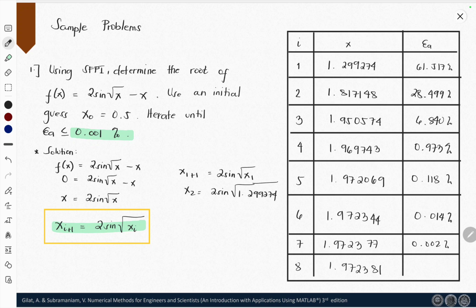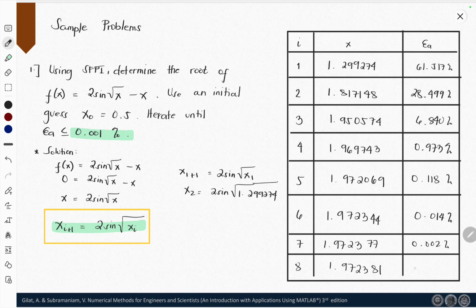Next, for the eighth iteration, we have 1.972381 minus 1.972377 divided by 1.972381 times 100%.